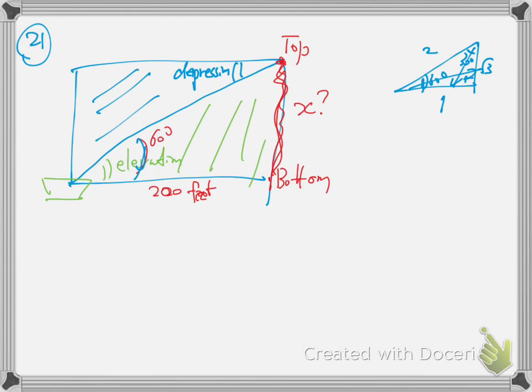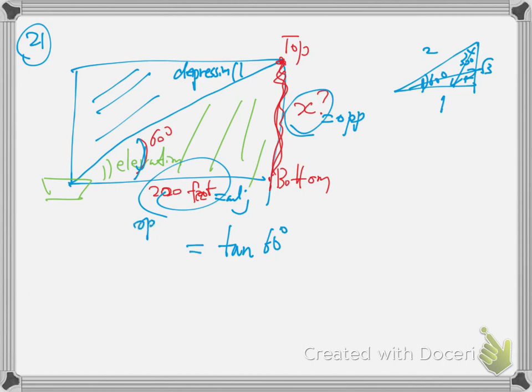So now we have two different triangles, but we are looking at the ratio of these two sides for 60 degrees. That's opposite of 60. This is adjacent of 60. So what's their ratio? Tangent 60. Tangent is opposite over adjacent. So this is x over 200 for the bigger one.